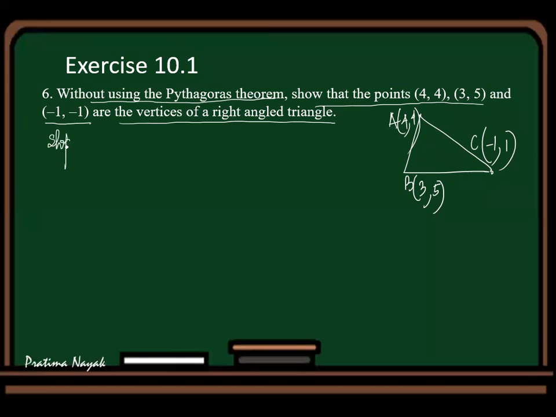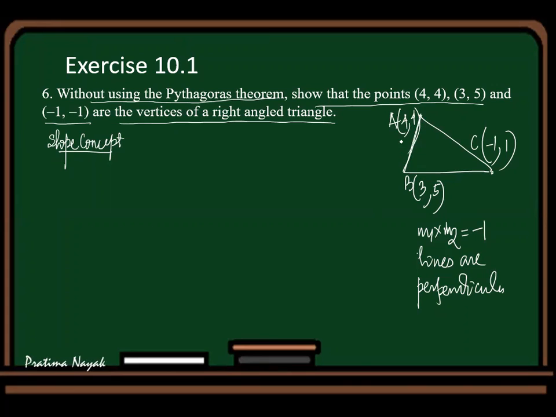What is the slope concept? What we learned just now. If the product of two slopes is equal to minus 1, then the lines are perpendicular to each other. So I'll get the slope of each line, using the same formula, (y2 minus y1) upon (x2 minus x1): slope of AB, then slope of AC, slope of BC.